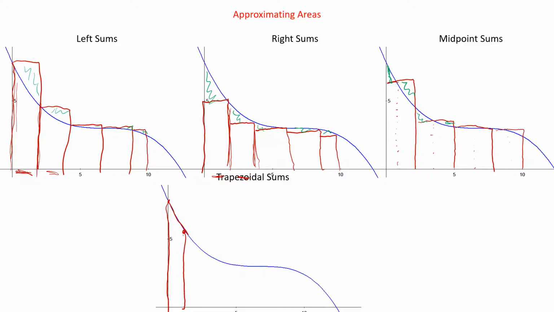Both endpoints on the function, we can make a trapezoid, and we'll just go straight to the end here. Both endpoints, trapezoids. And you might be thinking, that doesn't look like a trapezoid. I remember trapezoids looking like this.